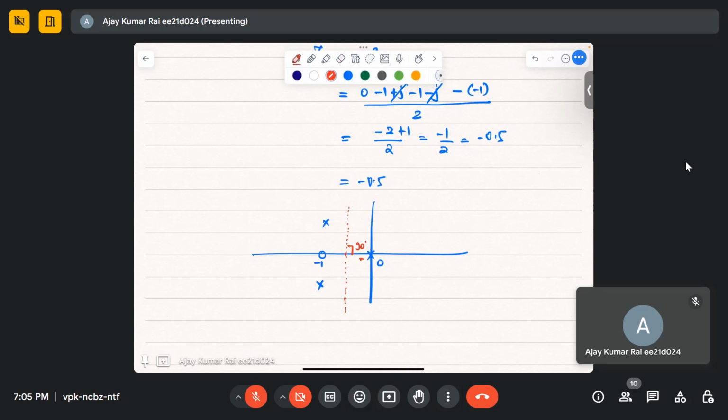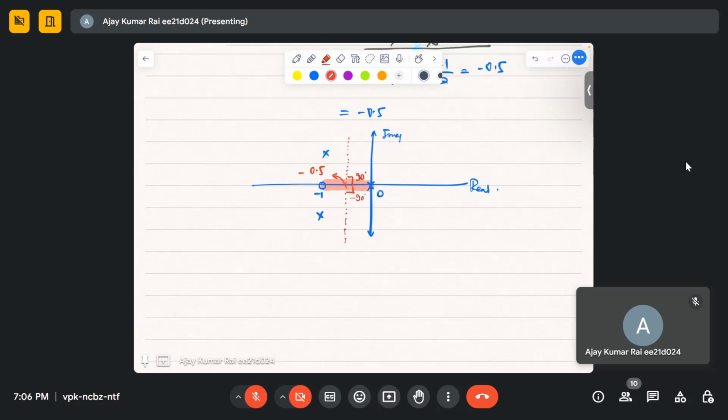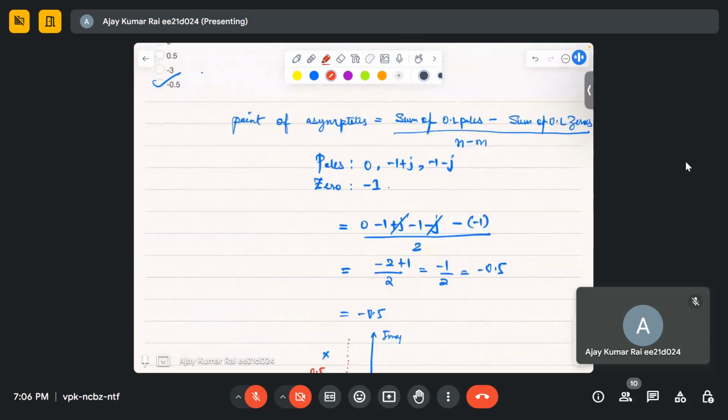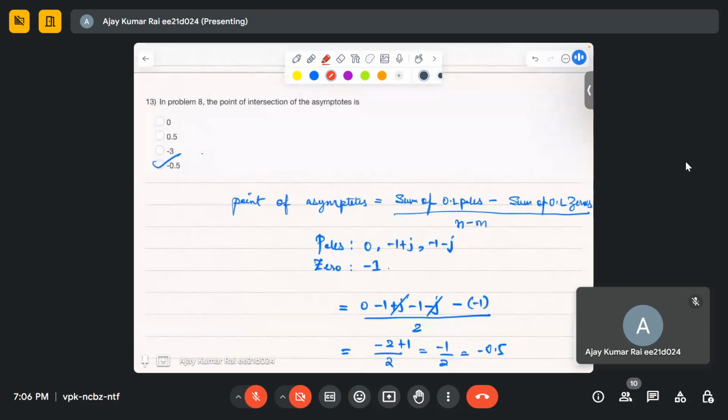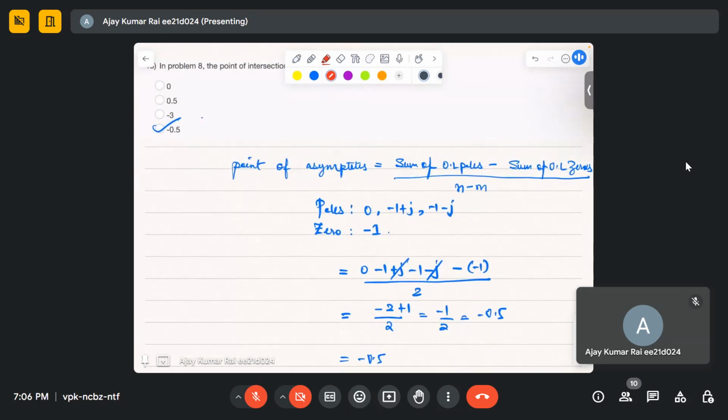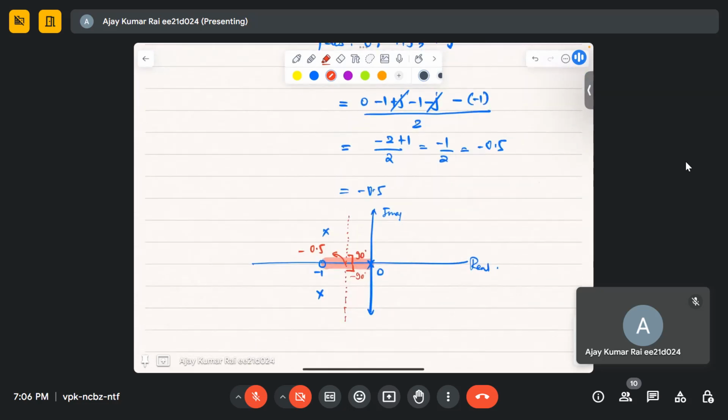So this point is minus 0.5, and this is minus 90. Up to now we know this is the real axis, and also we know root locus exists between minus 1 and 0. Any doubt in this, how we got this point of intersection of asymptotes? Okay, very simple. So this information we know up to now.